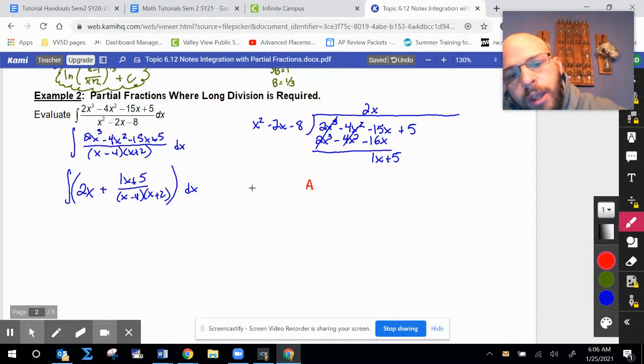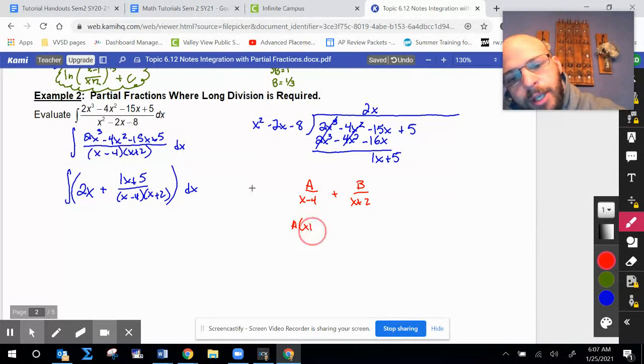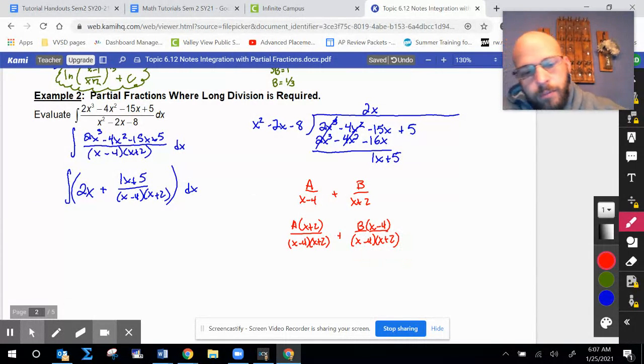I know it's a over x minus 4 plus b over x plus 2. So I'm going to say a times x plus 2, plus b, which is going to get multiplied by x minus 4. All right, I'm going to distribute.